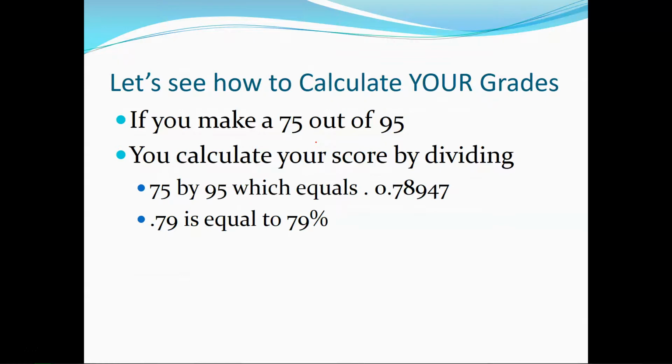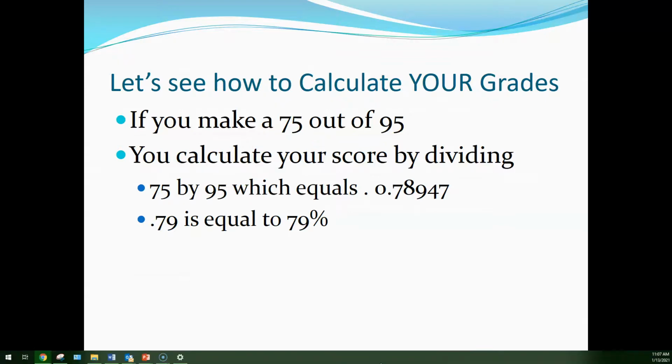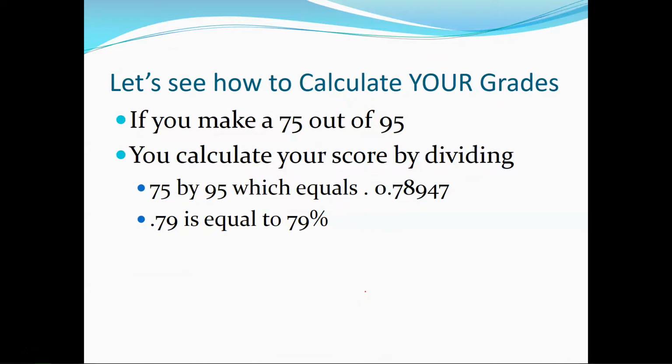So you calculate your score by dividing 75 by 95, which gives you 0.789, which generally will get rounded to a 79. Any questions on that, guys? Fairly straightforward.